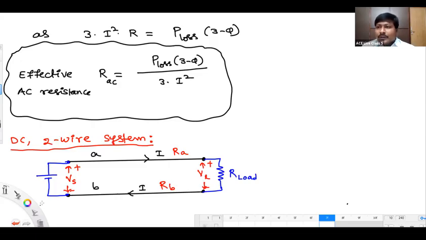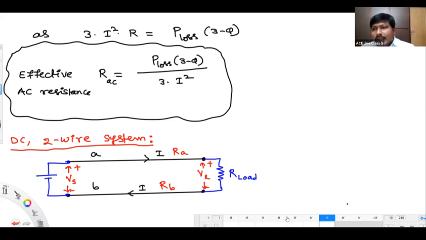These are the terms which we are going to concentrate on. That loop resistance or circuit resistance or system resistance is nothing but the resistance value which is causing the total voltage drop. That we are going to name as loop resistance or circuit resistance here.